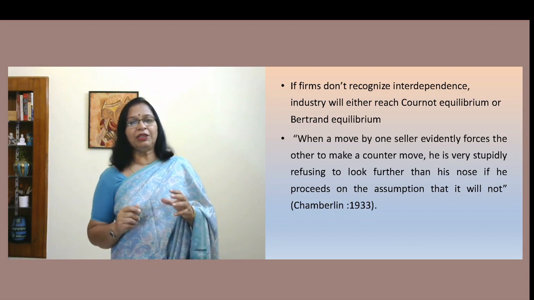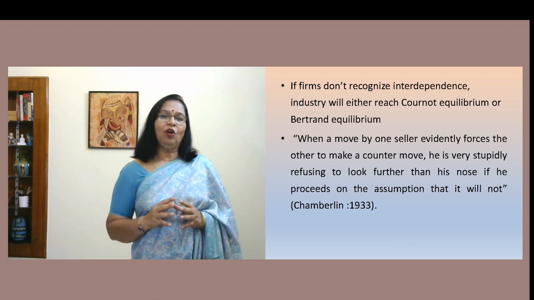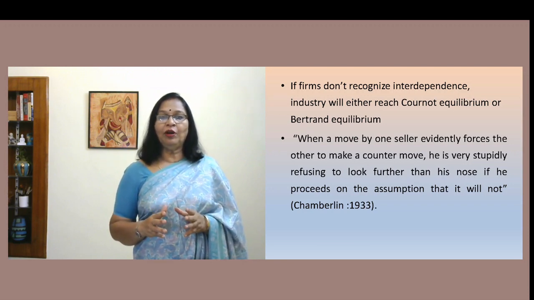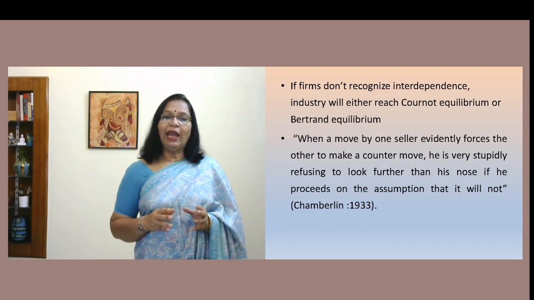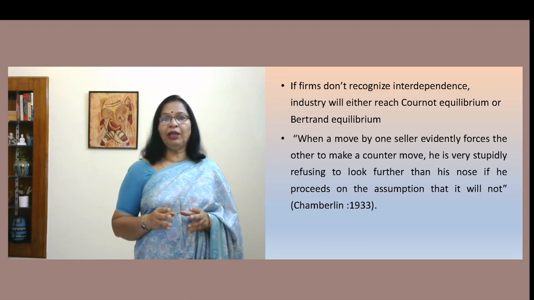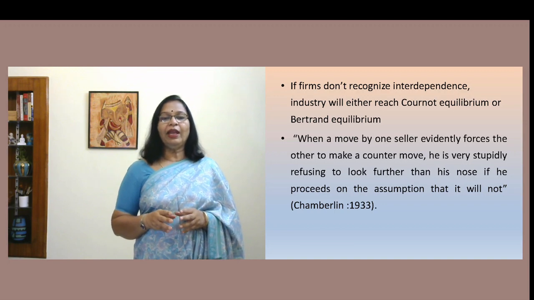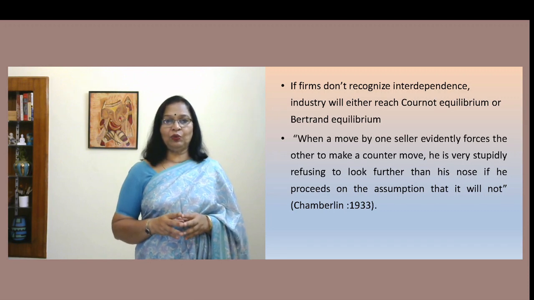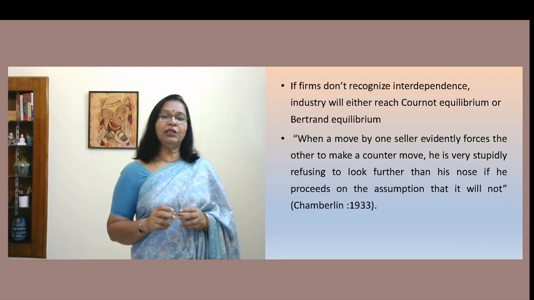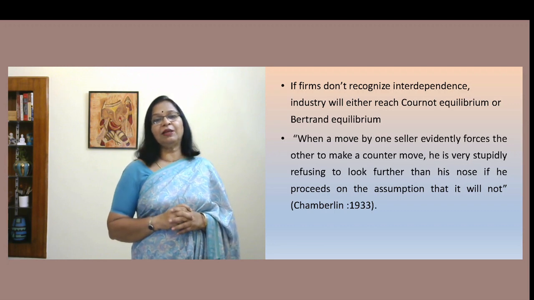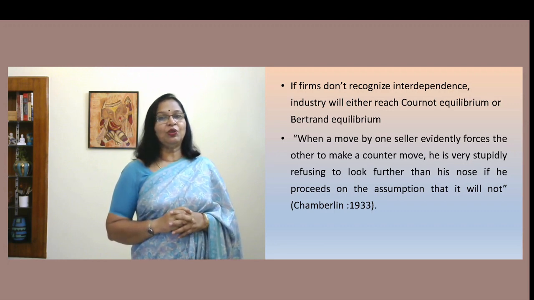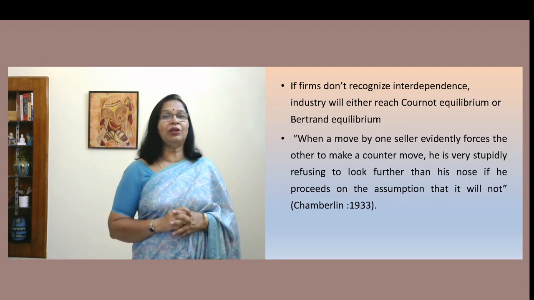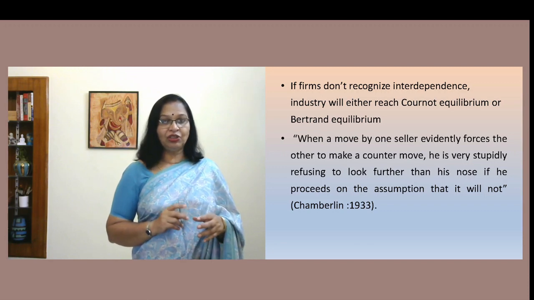To support this argument, he makes this statement: when a move by one seller evidently forces the other to make a countermove, he is very stupidly refusing to look further than his nose if, and that word if is important, he proceeds on the assumption that it will not. So there is no way firms can assume that their action will not bring about a reaction in the decision of the other firm.